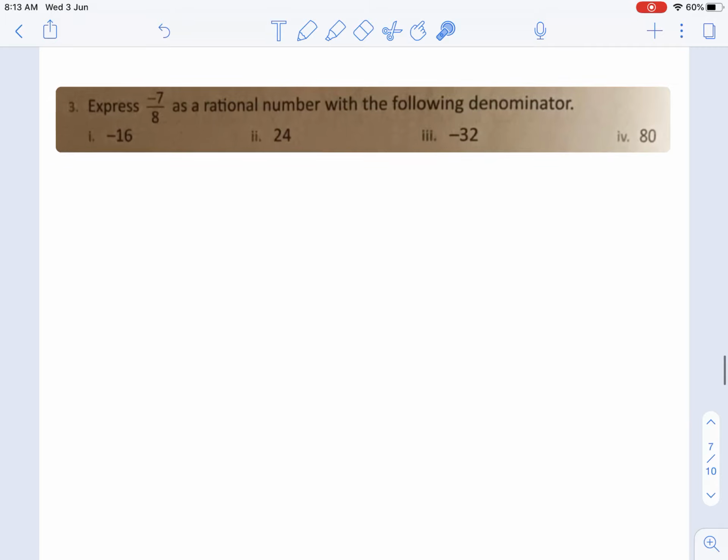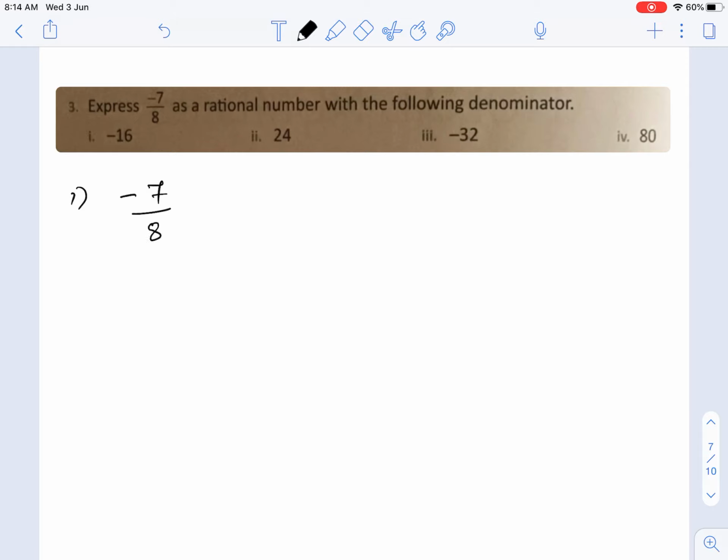Now next question is given as, you have to express the given number, that is minus 7 upon 8, as a rational number with the following denominator. Okay, so let us consider first example. Now minus 7 upon 8.